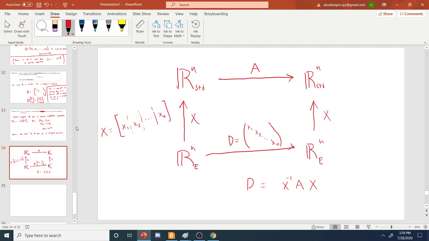So this shows that D is equal to this, and A is equal to this.